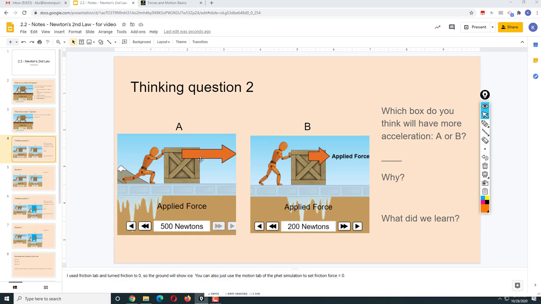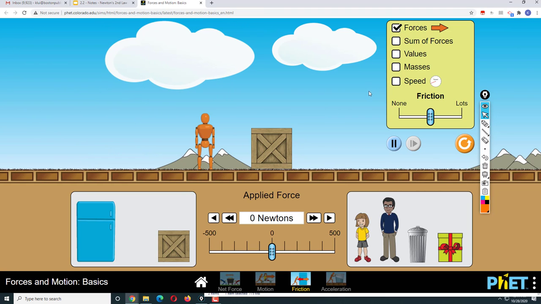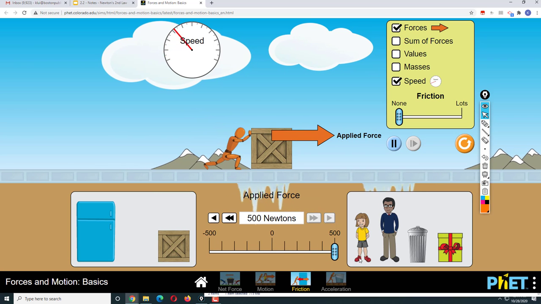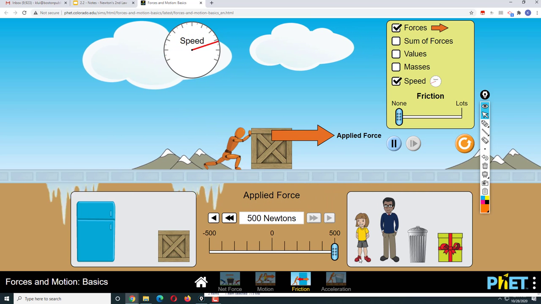Okay, well, let's look at both cases, A and B. So there's no friction here. Let's look at the first case, 500 newtons. Look at the speed, it speeds up very quickly.